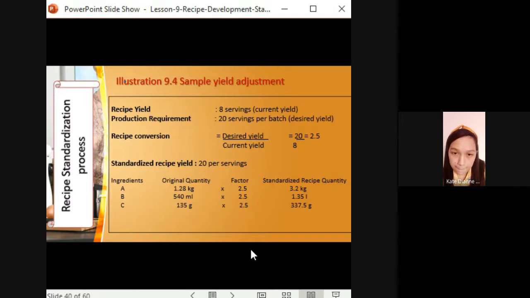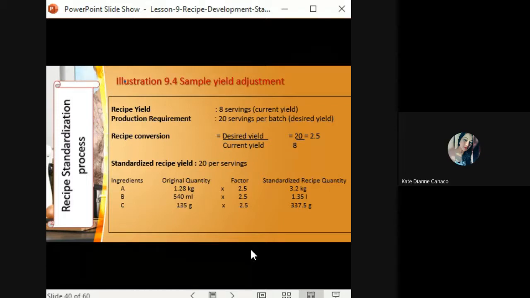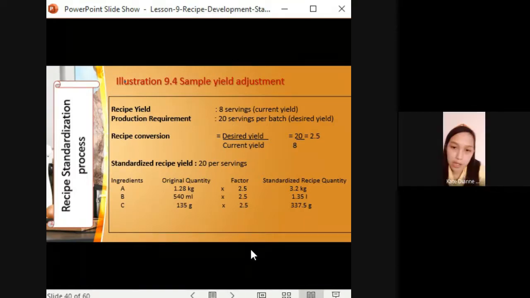Okay po, ma'am. Bali, ma'am, ang lumabas po is 0.54 po yung original quantity. So, 0.54 times 2.5 po is 1.35 liter po. Tama po. Wait, i-check natin. Yes, converted siya into liter. Kinonvert natin into liter.